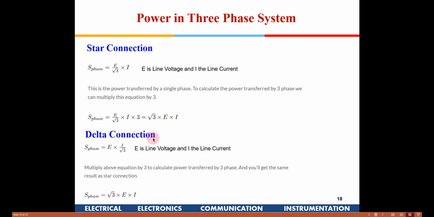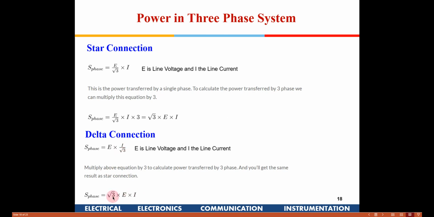Similarly, for a delta connection, the line voltage is the same as the phase voltage, so you have E into the current in each arm. To find the current in each arm, I have to find the phase current. The phase current is given by the line current divided by √3, so I have I divided by √3, and then you have 3 of these arms, so you multiply by 3.